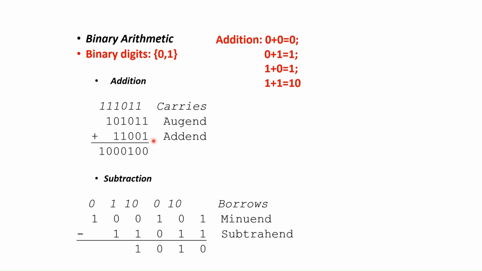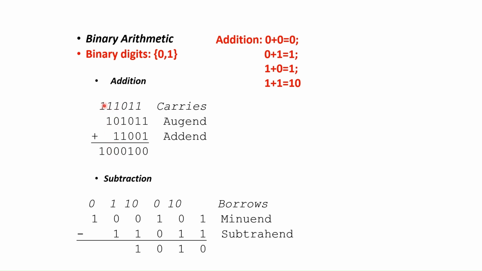So let's see the addition. 1 plus 1 is 2. 2 in binary is 10. So out of that, the 0 we write here, and 1 goes as a carry. Now we are adding this 1 plus 1, again 10, 0 here, carry here. So in this column it is only 1, so here it is 1. Here again 1 plus 1, so 0, carry goes here, and then again 1 plus 1, 0, 1.